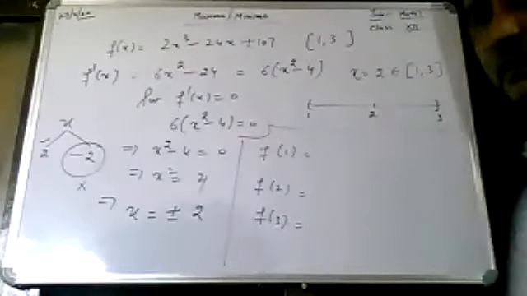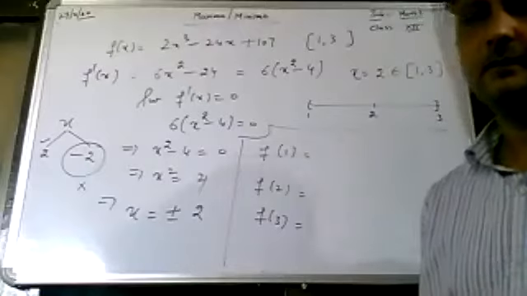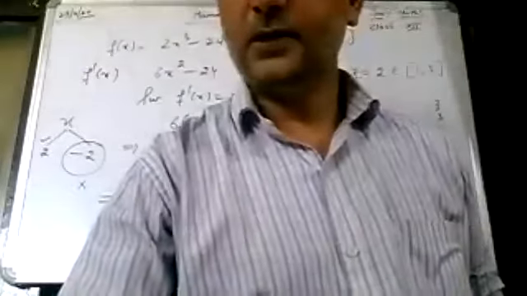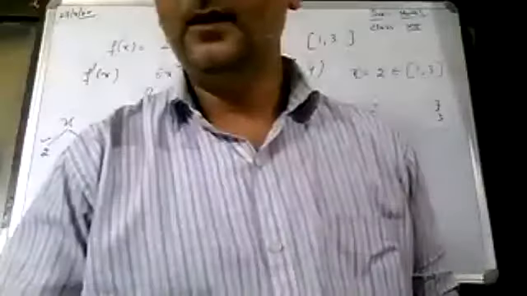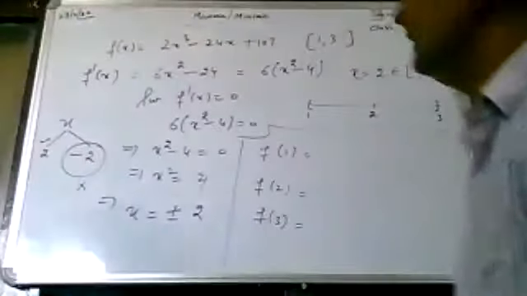Muskan, what is the answer? Unmute yourself, बच्चे, and tell me the answer. Sir, at 2 it's 0. No बच्चे, 0 कैसे आएगा? यहाँ पुट करना है.